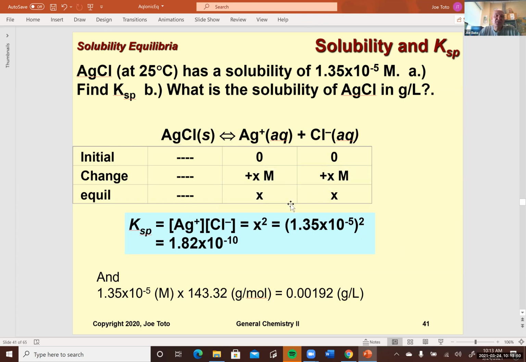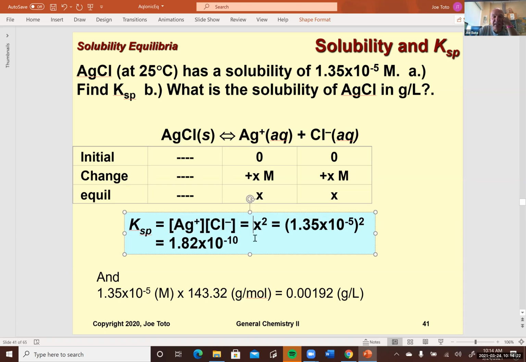So sometimes in the book, you'll see them change this X value to an S when you're dealing with a solid. So we set it up just like before. We don't have to worry about this concentration. It's already taken care of in the Ksp. We see that the Ksp is defined as the concentration of the products to their stoichiometric coefficients at equilibrium.